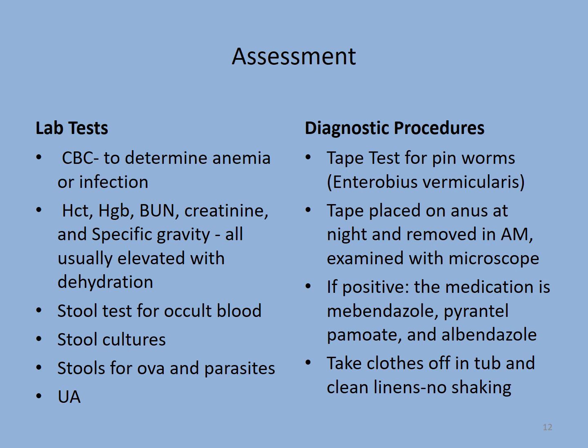The hemoglobin, the hematocrit, the BUN, the creatinine, and the specific gravity will be elevated if the child is dehydrated. They'll check the stool for occult blood, do stool cultures, and do a stool for ova and parasites. It's different than the stool culture.